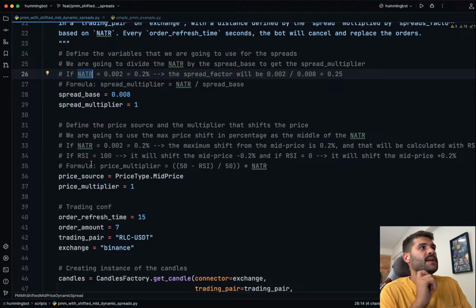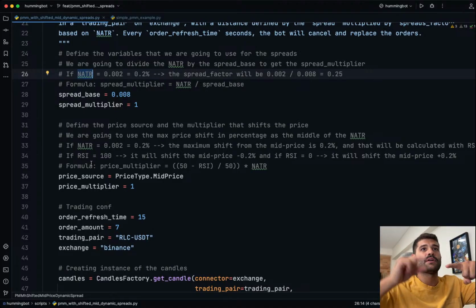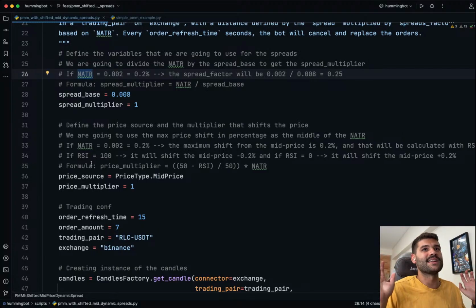I found this very interesting in markets like RLC that I was trading yesterday, since the last traded price can differ a lot from the new mid price, since you can have a trade here and then the bid and ask moves up. So well, it's interesting to check which is the better source to use to calculate this. But well, that is another study also.